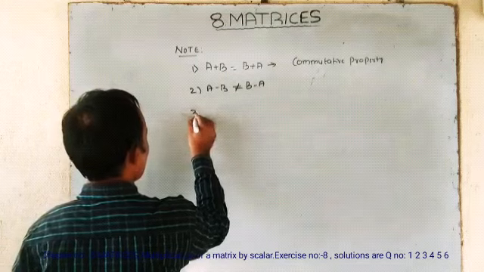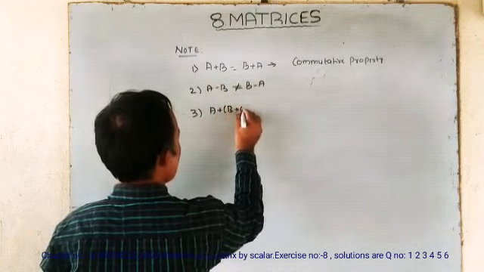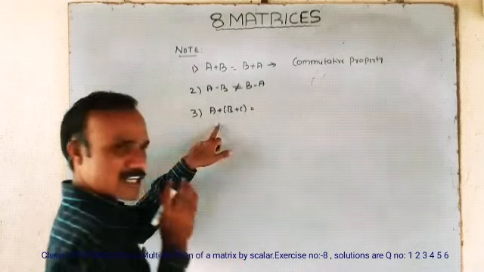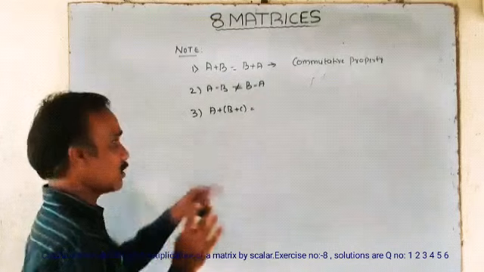Now property number 3, A plus B plus C. Here you have three matrices, A, B, C, of the same order.